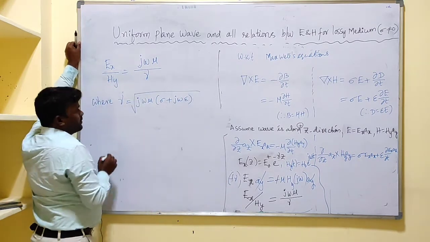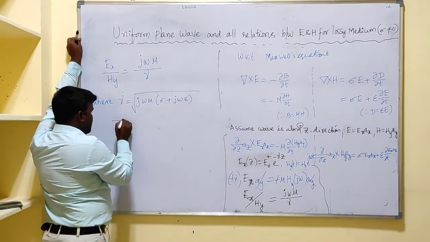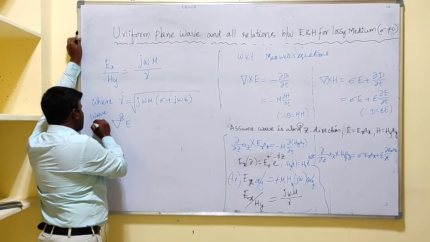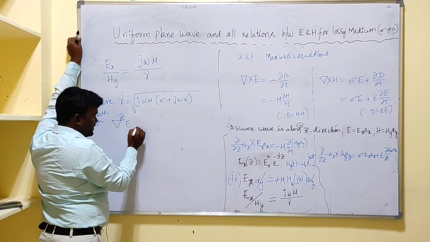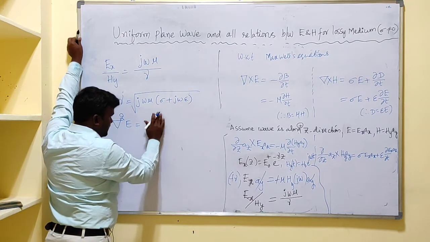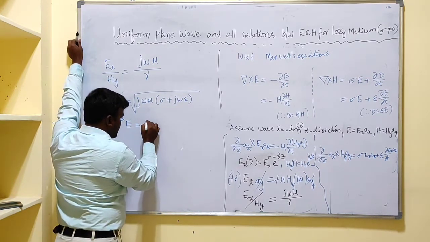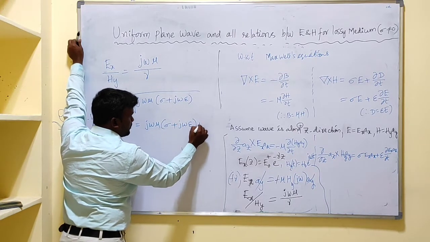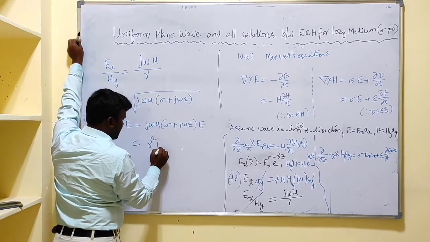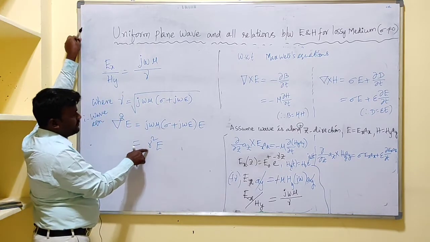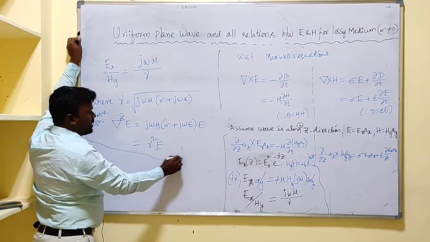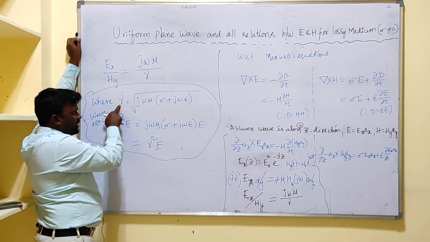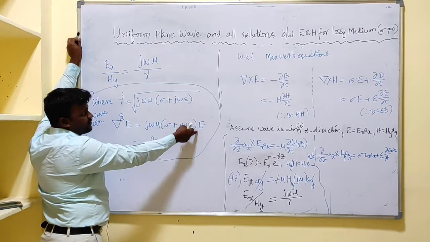If you have any doubt, please refer to the wave equation. I will write the wave equation here itself. Wave equation is del square E equal to j omega mu into sigma plus j omega epsilon into E, that is gamma square into E, where gamma square equals j omega mu into sigma plus j omega epsilon.